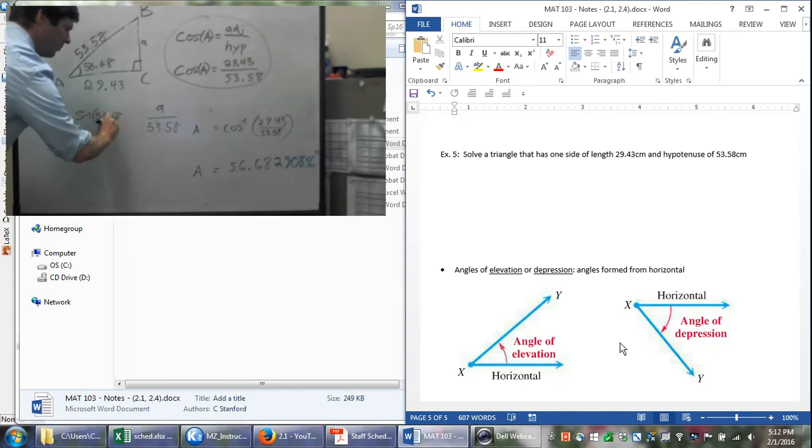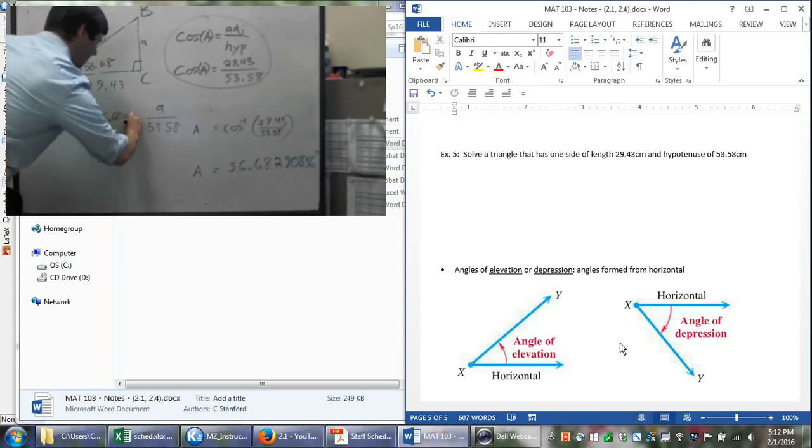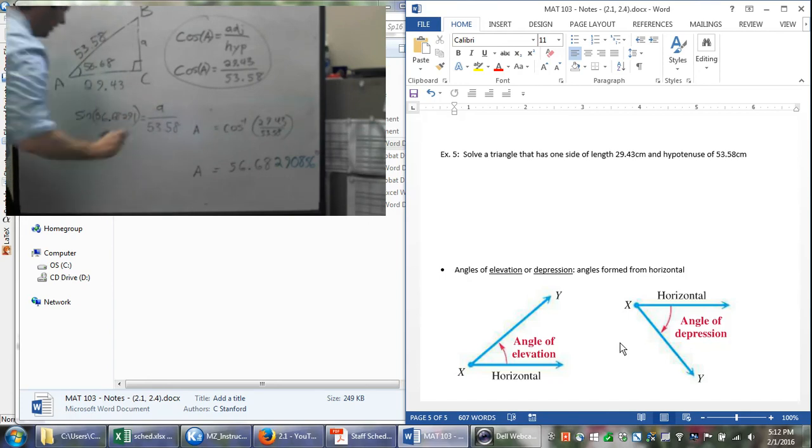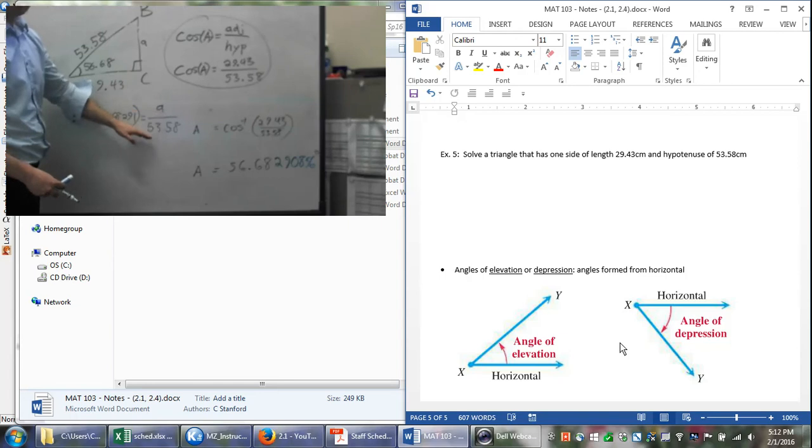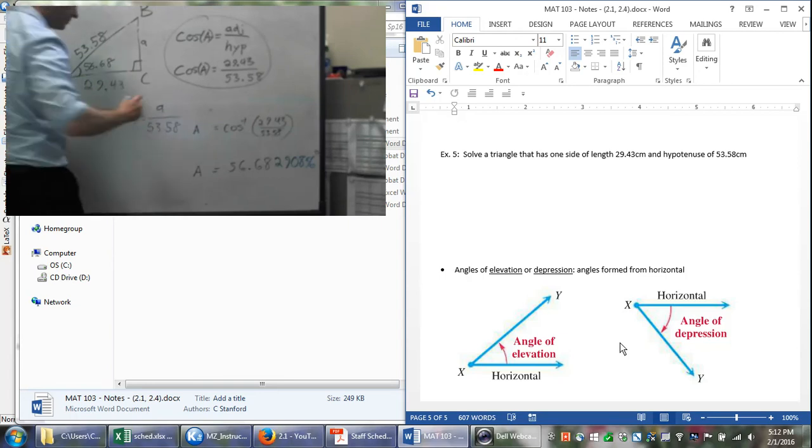So cosine, the inverse function is inverse cosine of whatever your number is, 29.43 divided by 53.58. Okay, and now that's something you just plug in your calculator. So again, if you didn't like this explanation, if you didn't like any of the stuff about inverses, you just ignore that one. I do like to show it at least once.